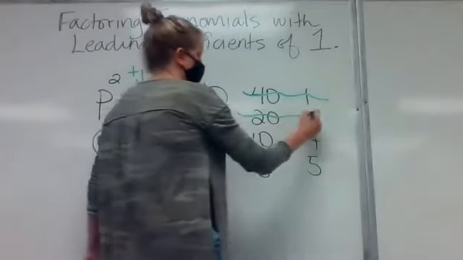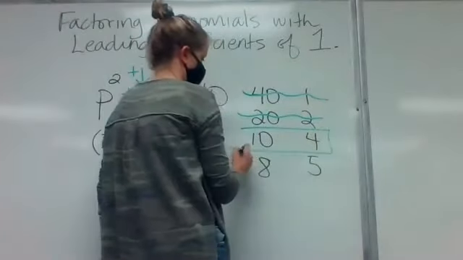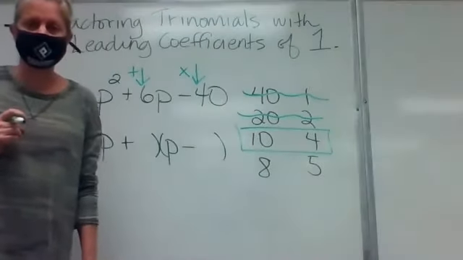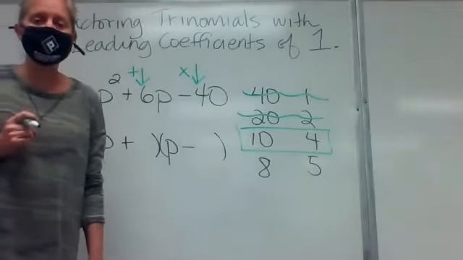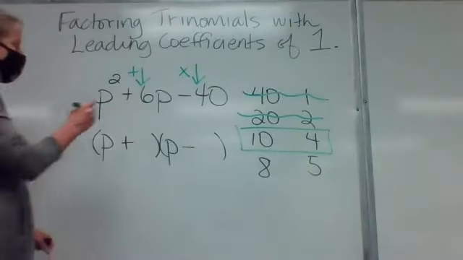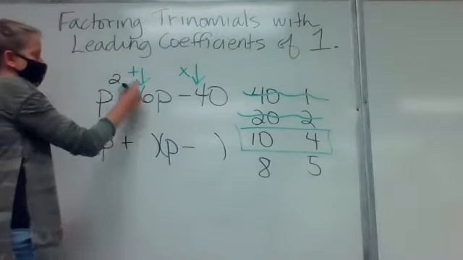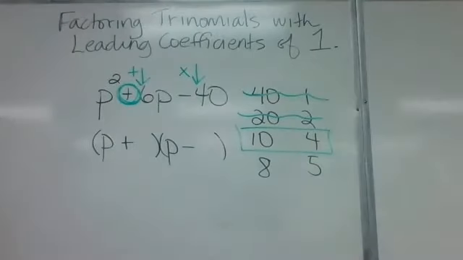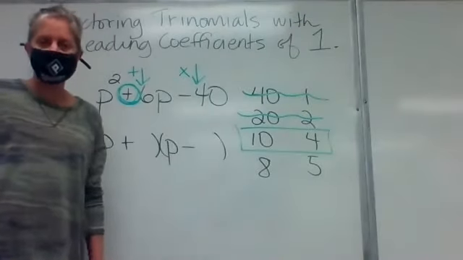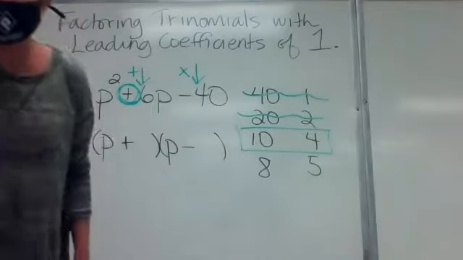No. What about 10 and 4? Yeah, I can do something with those signs and make that a 6. What kind of 6 do I need? I need a positive 6, which means I need more positive. If you're going to end up at positive 6, you're going to have more positive than negative.